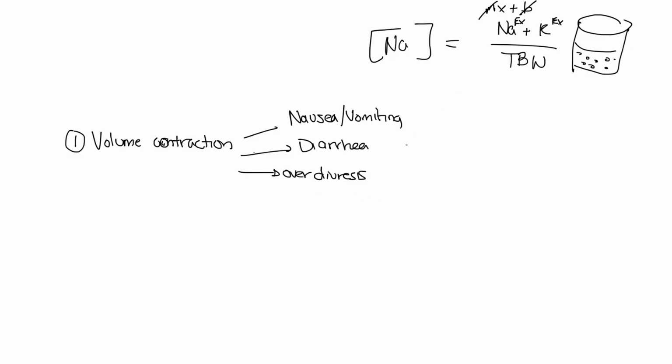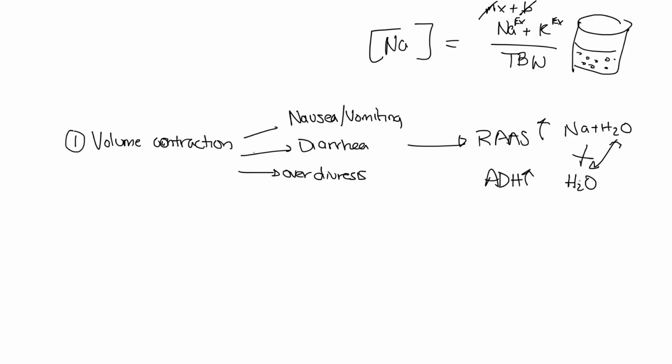And so these naturally trigger RAS activity, and over time, ADH starts to become active. So while this absorbs water plus salt, here we're only absorbing water. And so the net is that we are reabsorbing more water than we are salt, and we get hyponatremic.